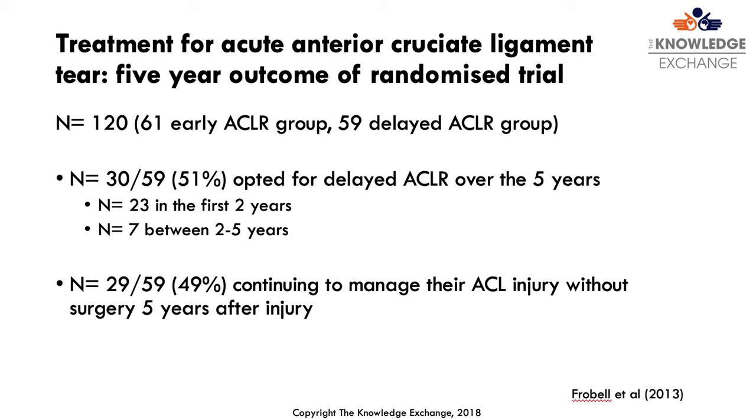A randomised controlled trial by Forbel et al. in 2013 compared young active adults with an acute ACL tear in the midterm, which was a 5-year period, using patient-reported and radiographic outcomes between those treated with rehabilitation plus early ACL reconstruction and those treated with rehabilitation and optional delayed ACL reconstruction.